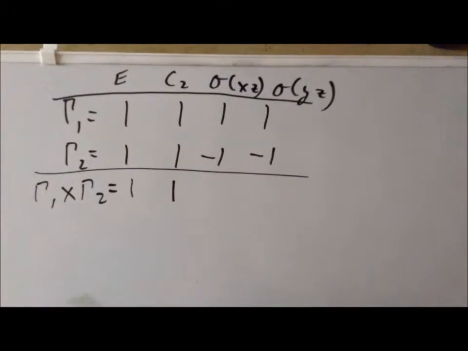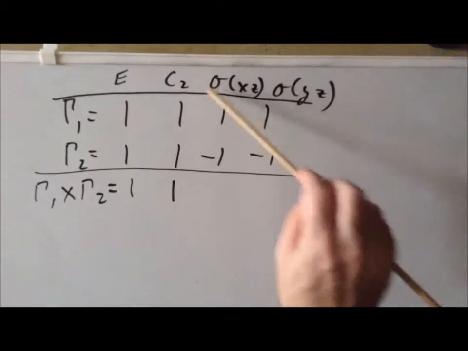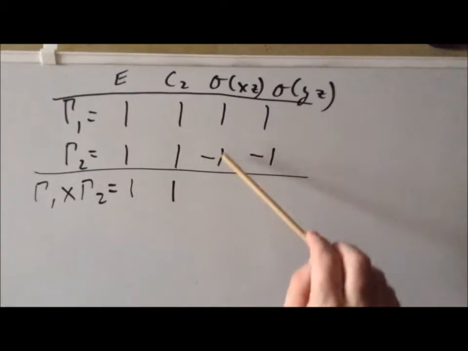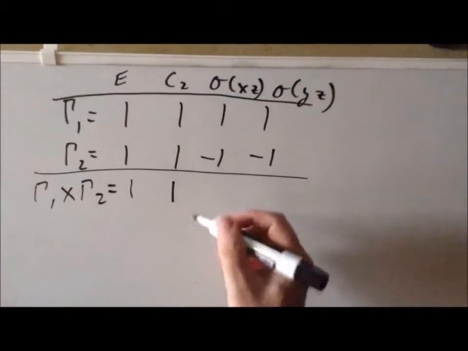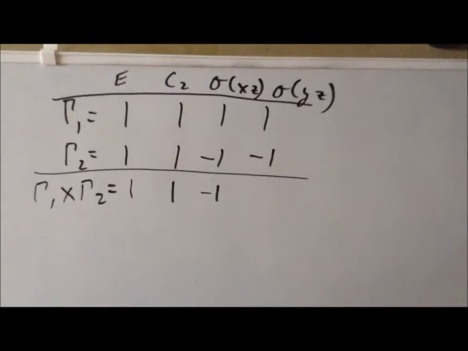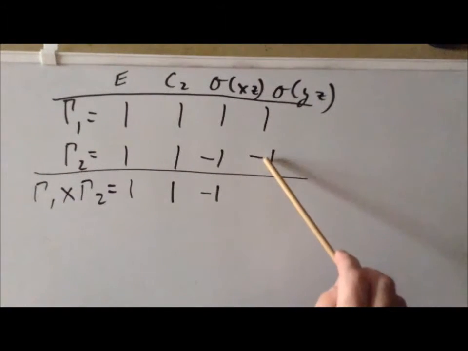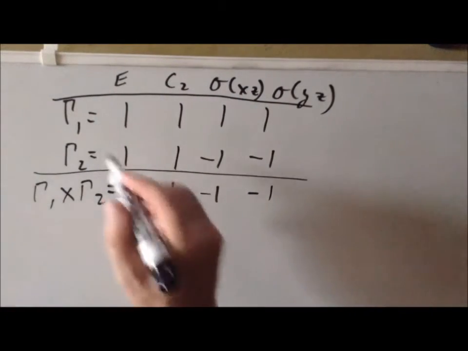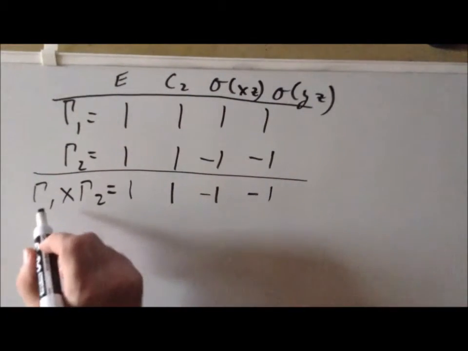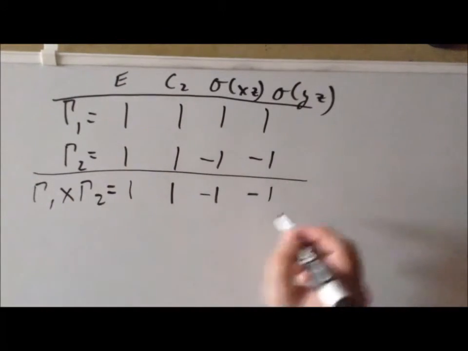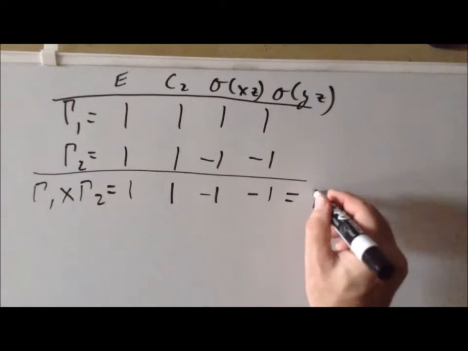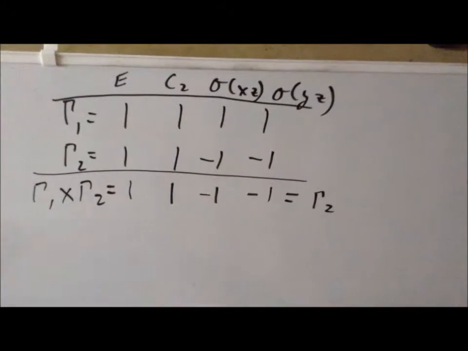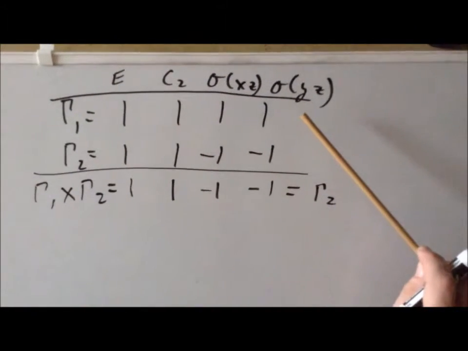For sigma xz, I have 1 times minus 1, so that's going to be minus 1. And last but not least, 1 times minus 1 is minus 1. And we see that in this particular case, gamma 1 times gamma 2 is giving me back gamma 2. This is not surprising when we consider that this is the totally symmetric representation, and it's sometimes called the identity representation. Here we can see why it is so.